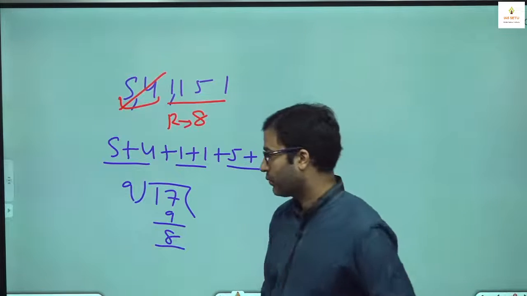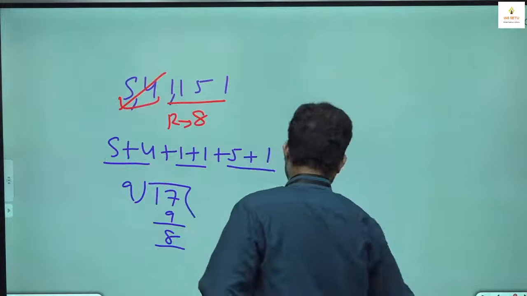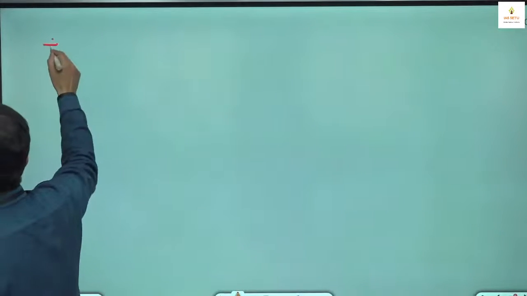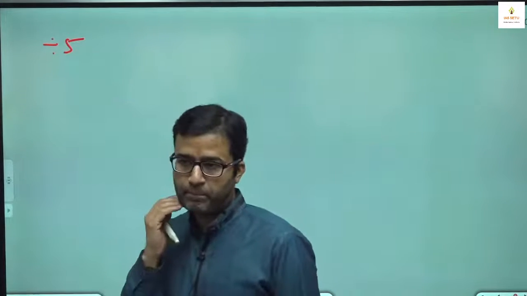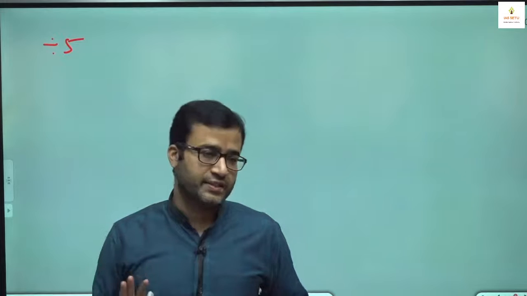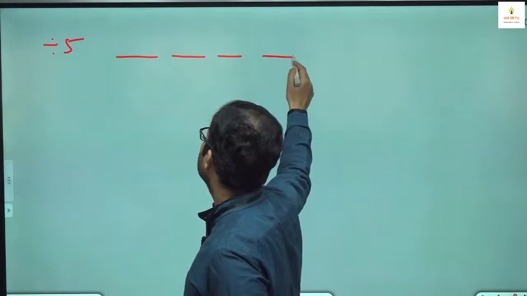ओके, next is divisibility of 5 and divisibility of 10, and that is the easiest. For divisibility of 5, what we check?